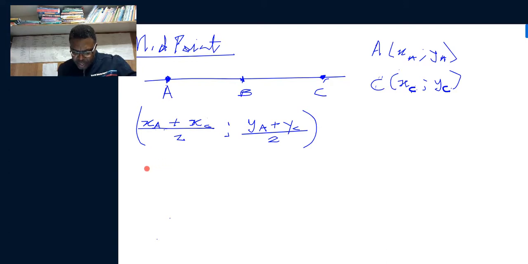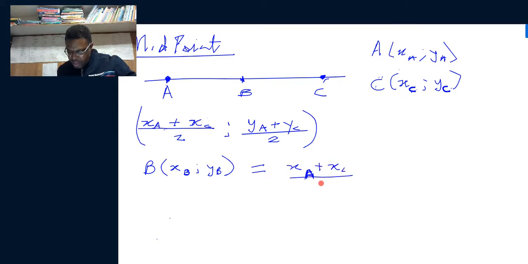Now, in order for us to get the coordinates for XB, YB, this is equal to XA plus XC over 2.